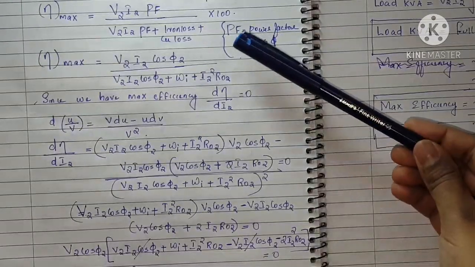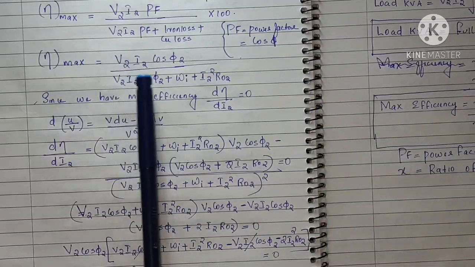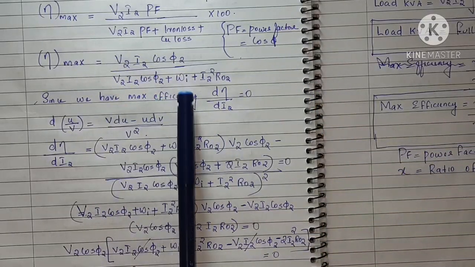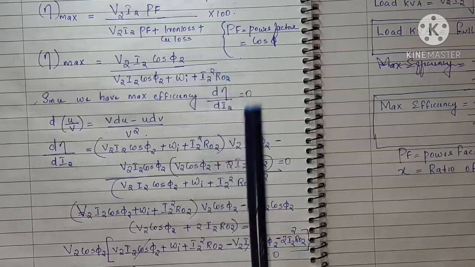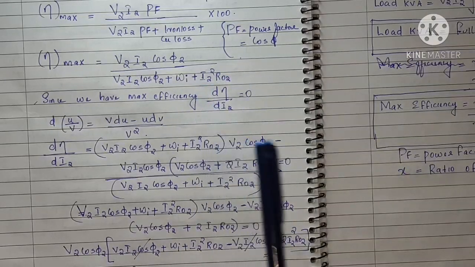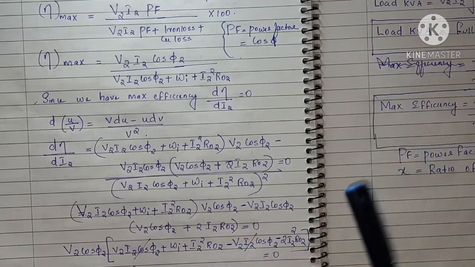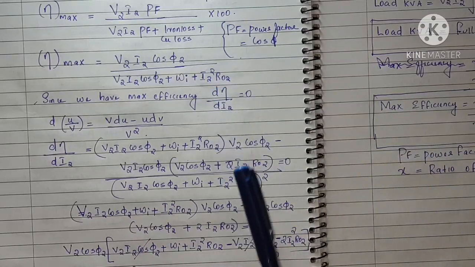Substituting the value of PF, that is V2 I2 cos φ2 divided by V2 I2 cos φ2 plus iron loss, denoted by Wi, plus copper loss on the secondary side. We already discussed that if we shift the resistance of primary side to secondary side, copper loss can be written as I2² R02.